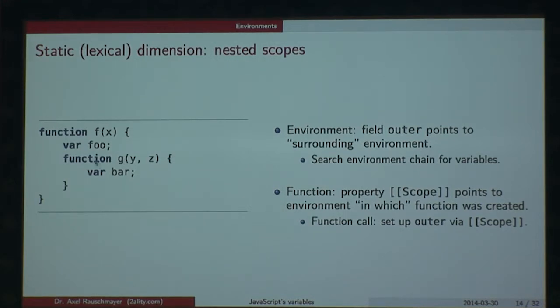G records that it was created inside F, and that value can then be used to properly initialize the field outer. Again, this is a bit abstract now. It will become clearer once we look at an example.